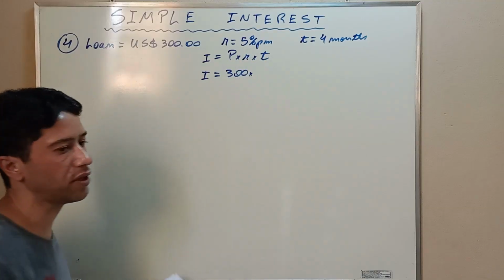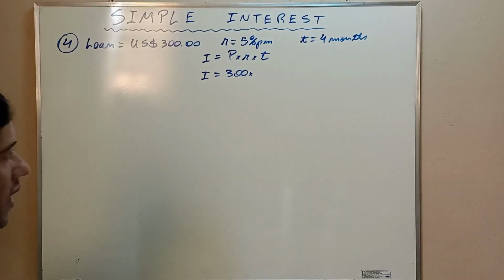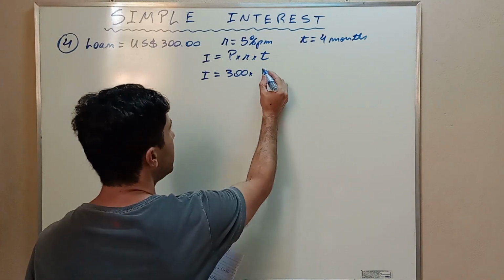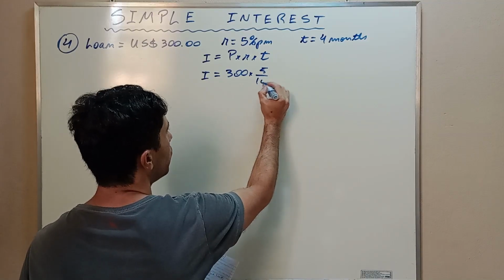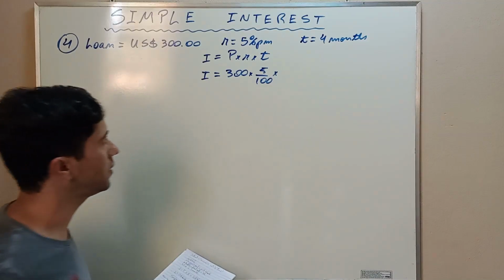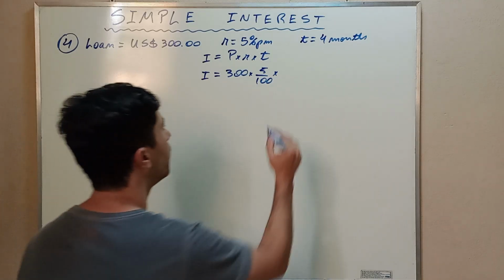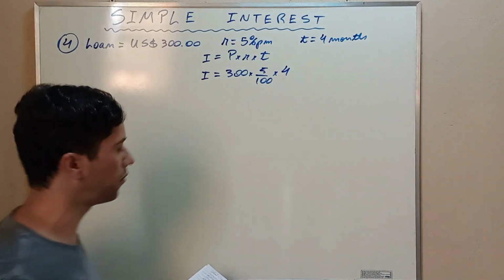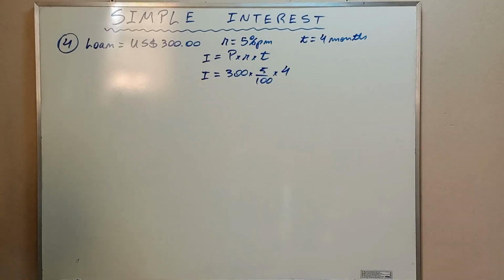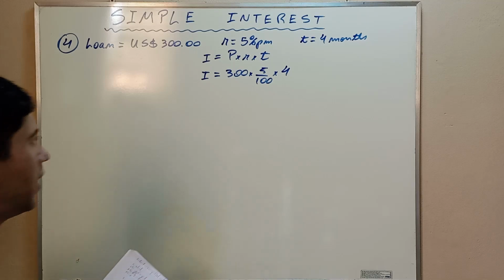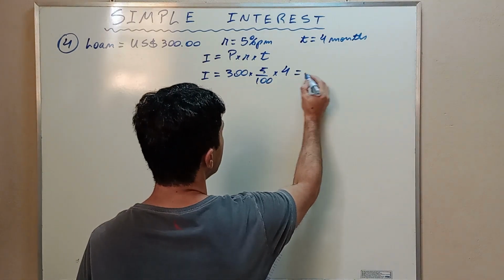We don't use it in this way, we use it in decimal, which means that it is 5 divided by 100 times the time, and the time is 4 months, okay? And it is simple mathematics. If we calculate, we find $60.